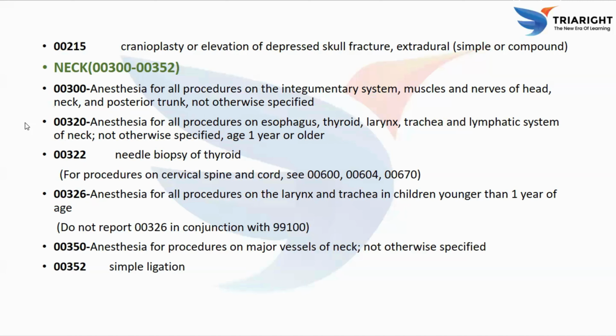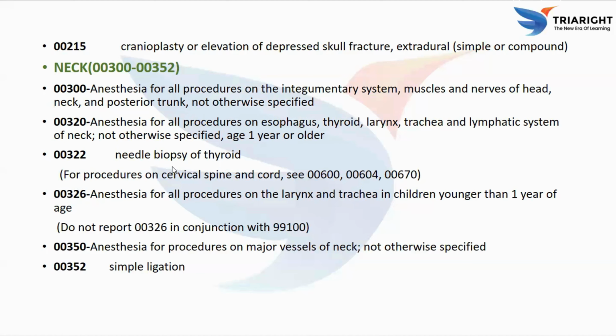So the next code is 00320. Anesthesia for procedures on esophagus, thyroid, larynx and trachea, and the lymphatic system of the neck for patients aged 1 year or older. 00322 is needle biopsy of thyroid, so anesthesia given during thyroid needle biopsy.